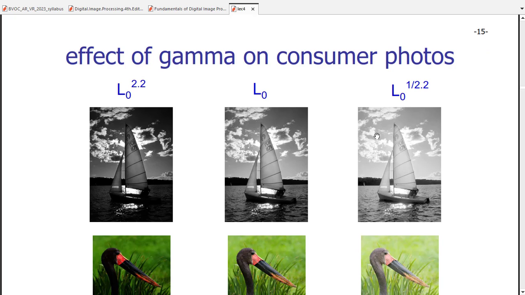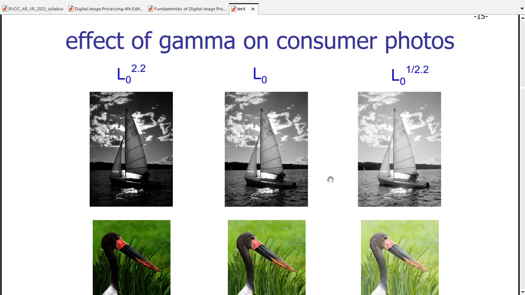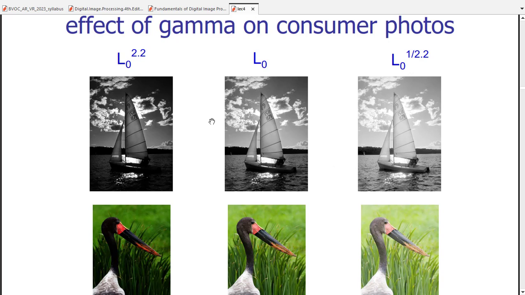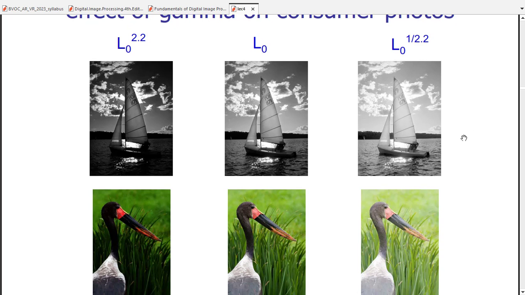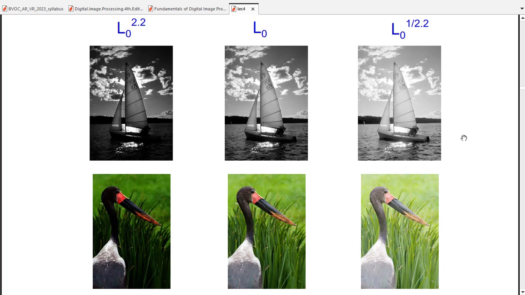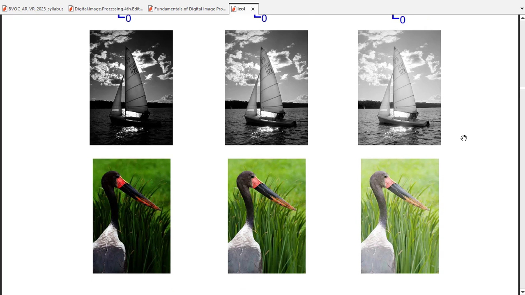Now the effect of gamma on consumer photos: here is a boat picture. Here 1 divided by 2.2 is applied, and the information changes from darkness to brightness.